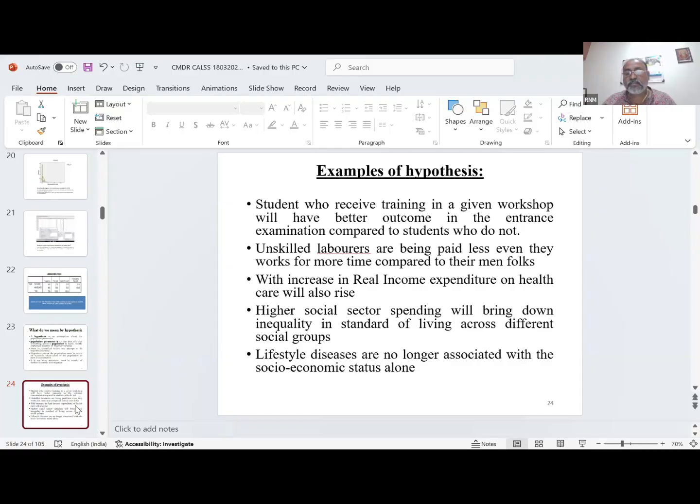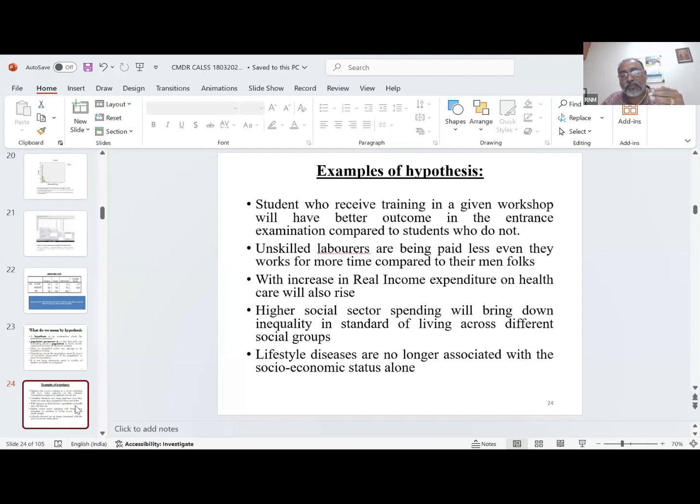Whenever you start writing even a research program, research proposal, or research design, I'll always advise you to first write down the researchable questions. From the researchable questions, you draw the research hypothesis and try to express it in a very simple way yourself, and then find out whether this makes sense or not.